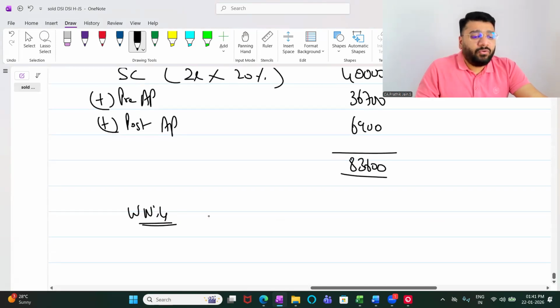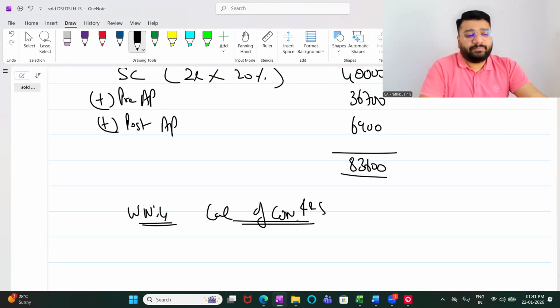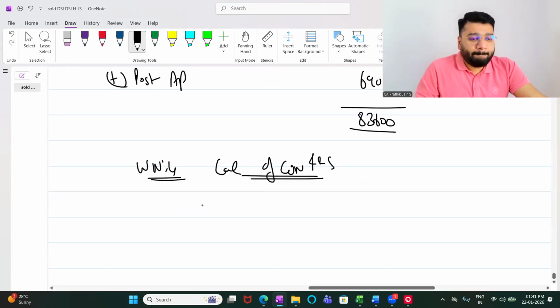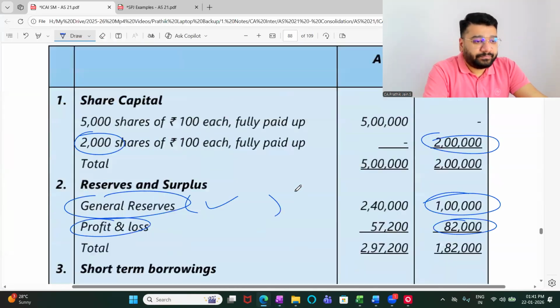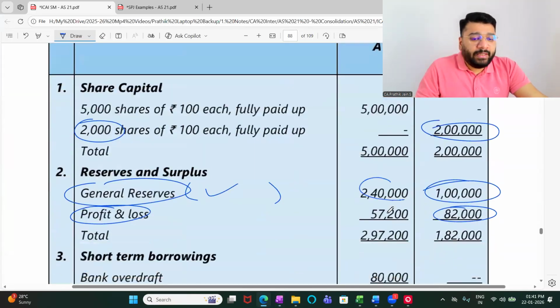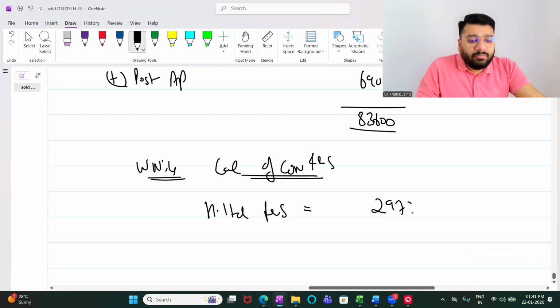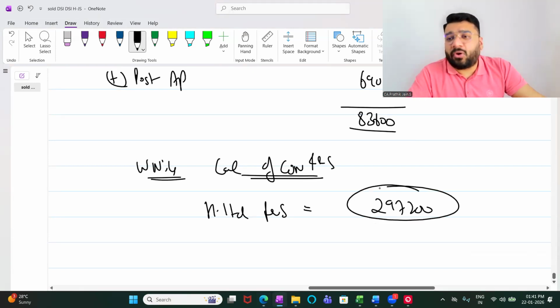Next calculation, consolidated. Working note number 4. Calculation of consolidated reserve and surplus. Heads Limited reserve and surplus is how much? 240 plus 57,200. So 297,200. Please tell me, is this 297,200 right or wrong?